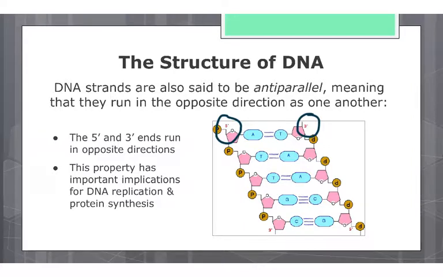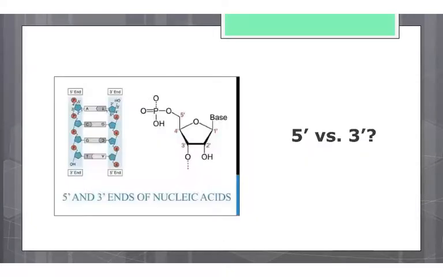Now we don't need to understand why, and really we don't need to understand what that means, but what we need is just to understand that we've heard of this terminology and know that it's anti-parallel, because this relates to some of our organic chemistry. This property has important implications for DNA replication and protein synthesis.